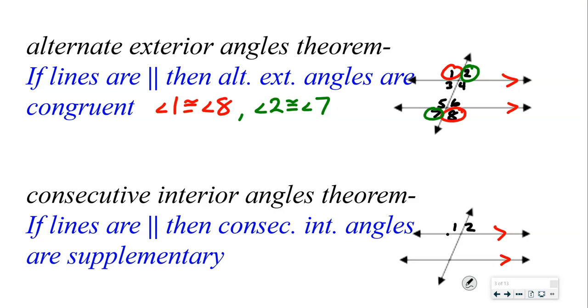So I'm going to number my angles real quick. Our consecutive interior angles would be 3 and 5. And we're saying that those are supplementary. So 3 and 5 would be added together.